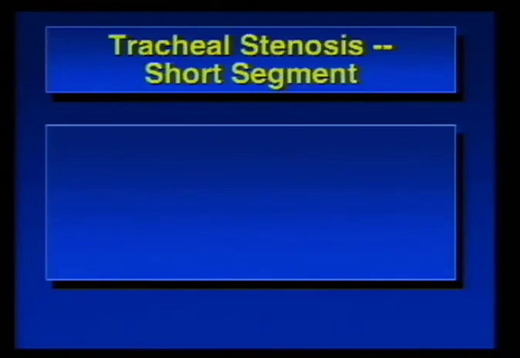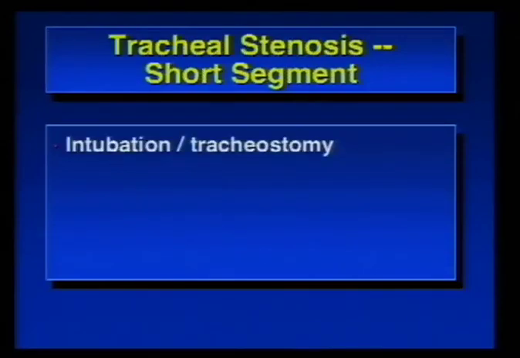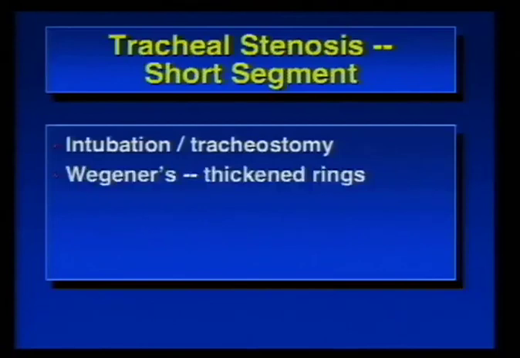So tracheal stenosis. If you see stenosis of the trachea in its short segment, it's one of a few possibilities. Intubation or tracheostomy can lead to stenosis, scarring essentially of the trachea that causes focal stenosis. And once the tube is removed, then that stenosis remains.